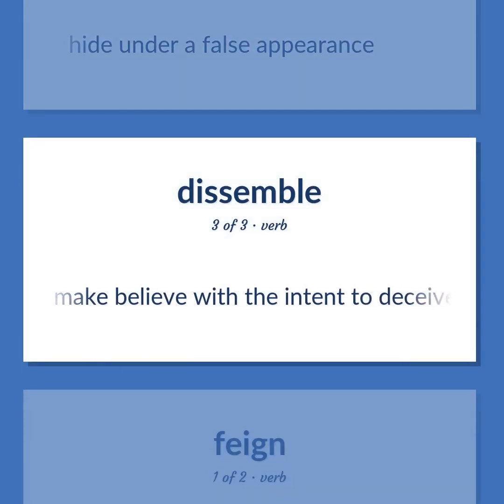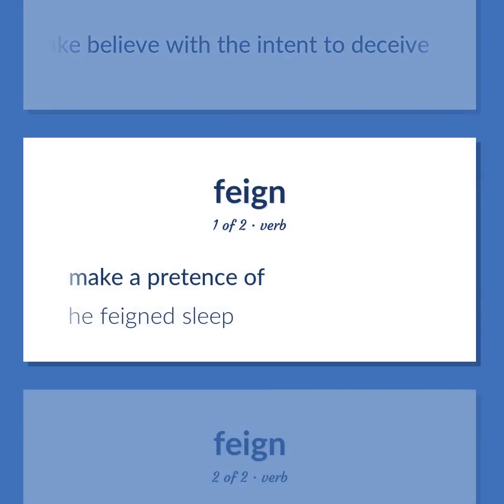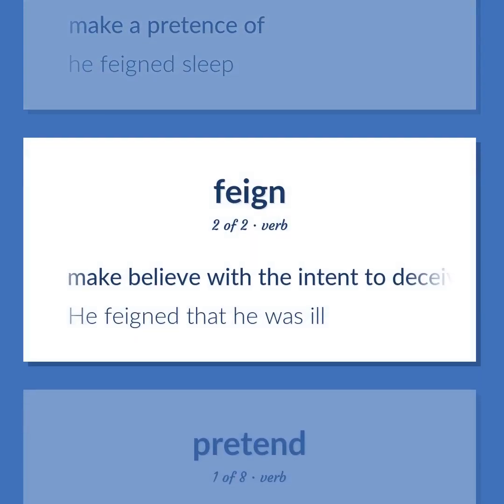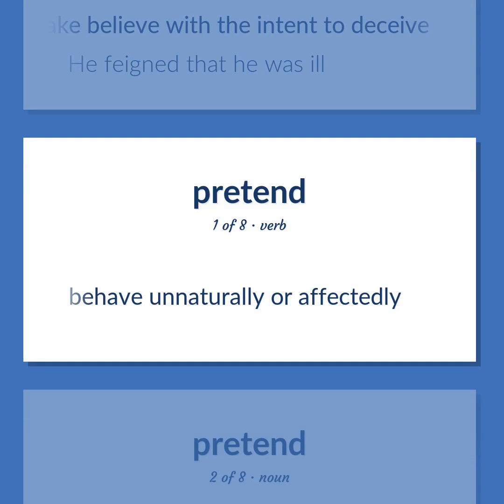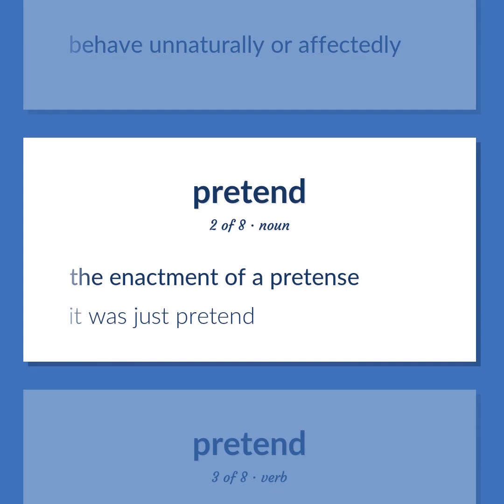Make believe with the intent to deceive. Make a pretense of. He feigned sleep. Make believe with the intent to deceive. He feigned that he was ill. Behave unnaturally or affectedly. The enactment of a pretense.